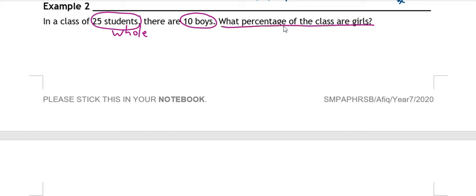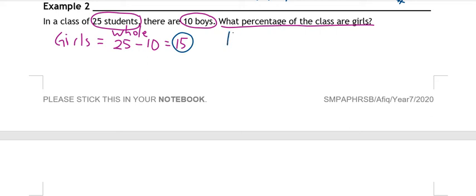You are asked about the percentage of girls, but you know the boys. So the number of girls in the class is 25 minus 10, so you have 15, right?